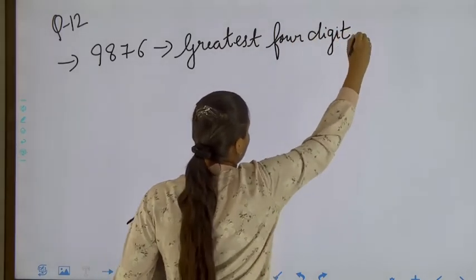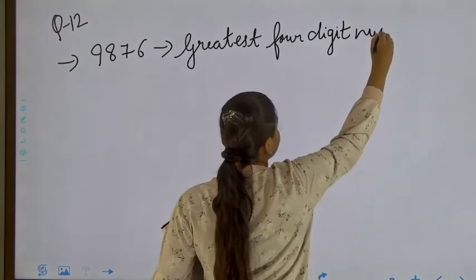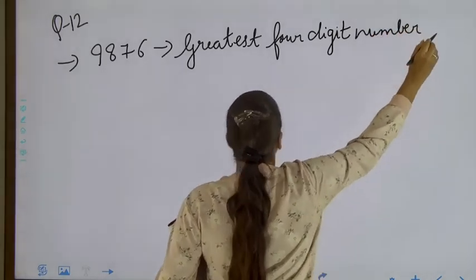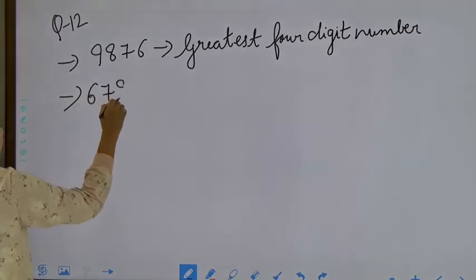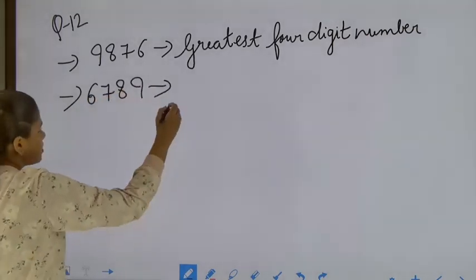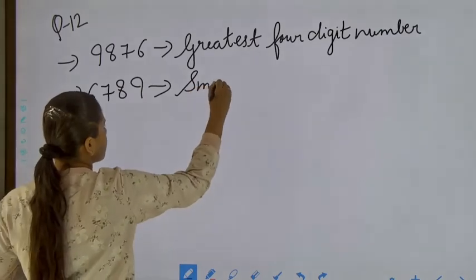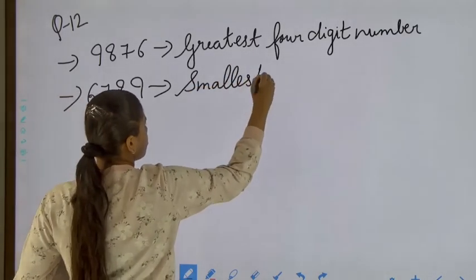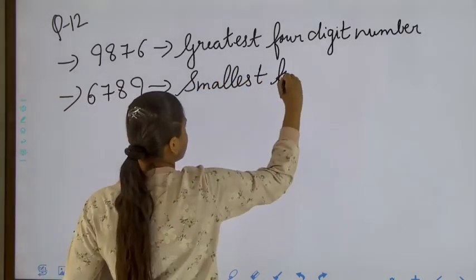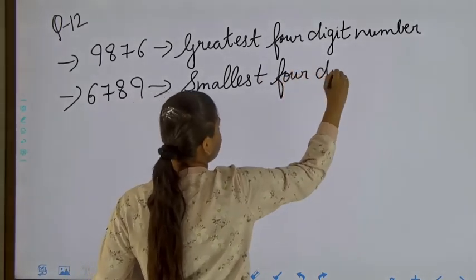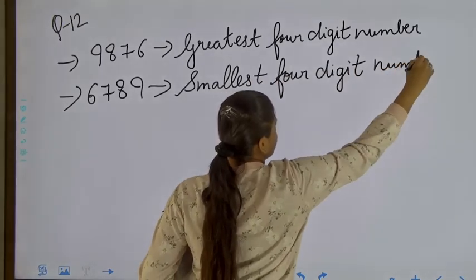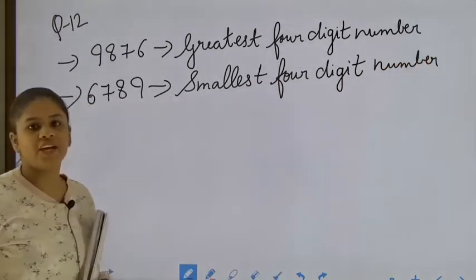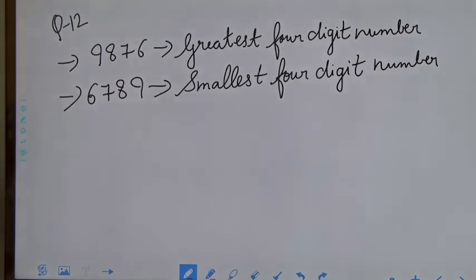Students, question ने क्या बोला है हमको? We have to use different digits. Now next, that is 6789. This is the smallest 4-digit number. Question ने हमको क्या बोला है? We have to use different digits. Now move to the next question.